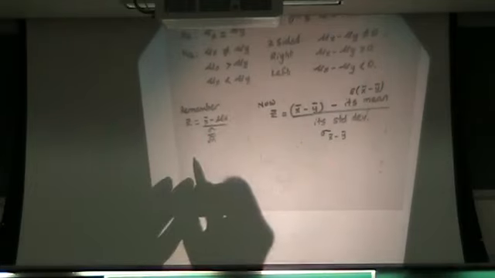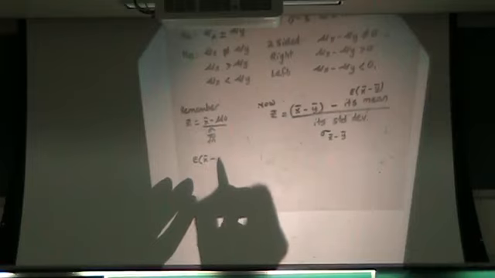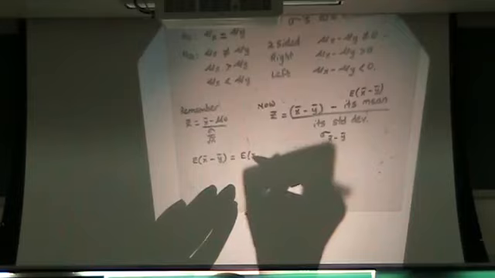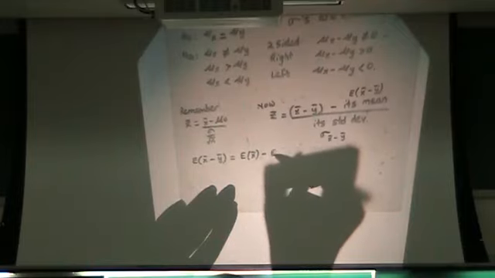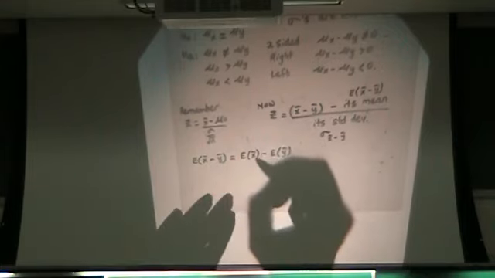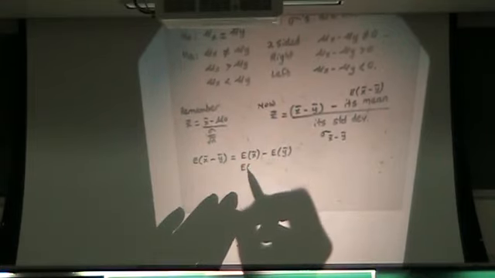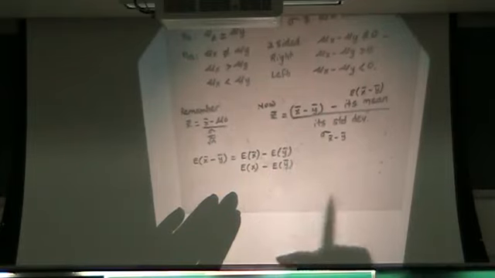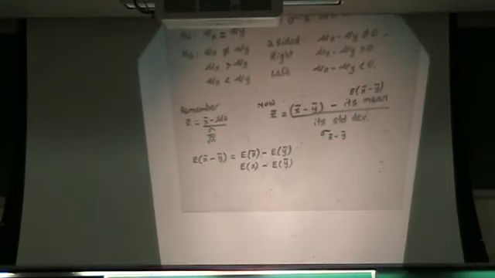So E of x bar minus y bar is equal to E of x bar minus E of y bar. So E of x bar, I know, is just E of x. And E of y bar is E of y. We know that. Remember when we were learning the sampling distributions of the mean? We said that x bar has the same mean as x, but a different sigma.